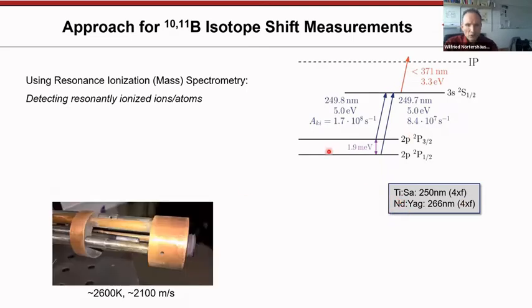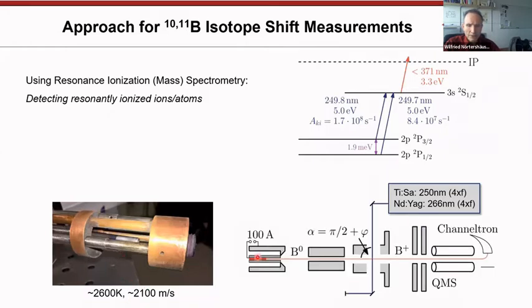In order to produce an atomic beam of stable boron, we have used a graphite crucible, which was heated very high, to about 2,600 Kelvin, in order to generate a boron beam at about 2.1 kilometers per second. But that's just the thermal velocity.